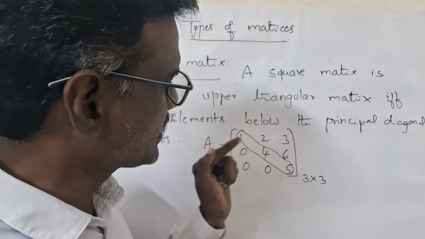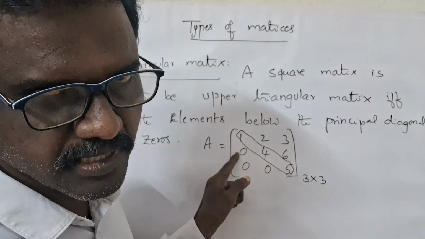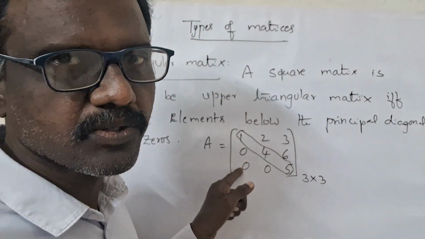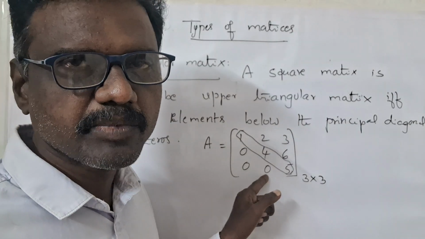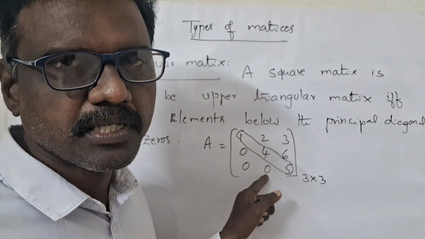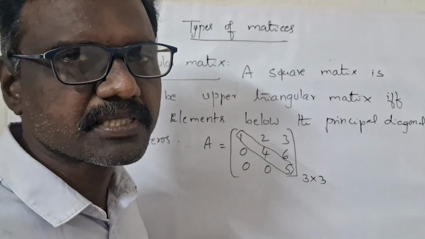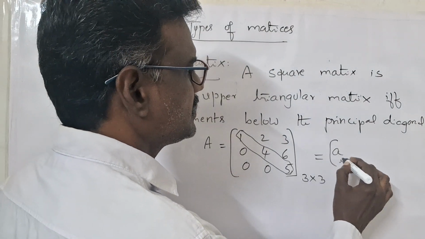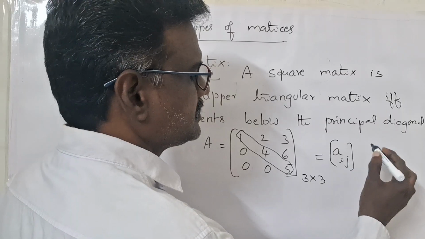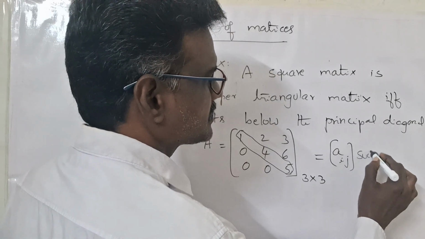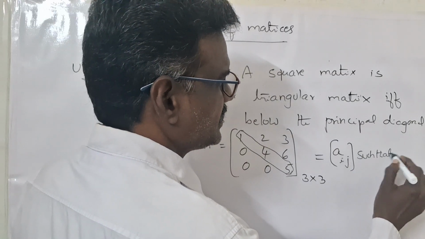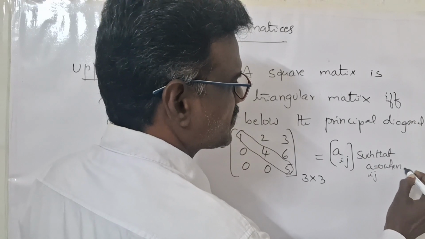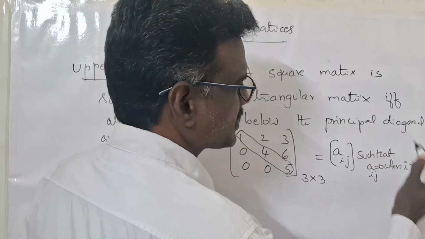Row number is greater than column number: second row, first element, row 2 column 1; third row, first element, row 3 column 1; third row, second element, row 3 column 2. Such elements are becoming 0. So I can write that a_ij equals 0 when row number is greater than column number.